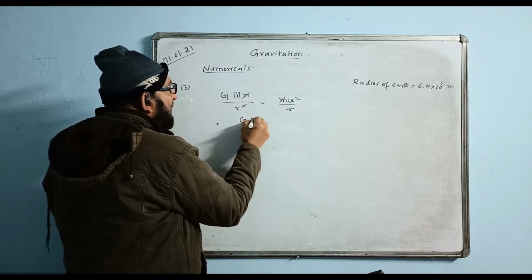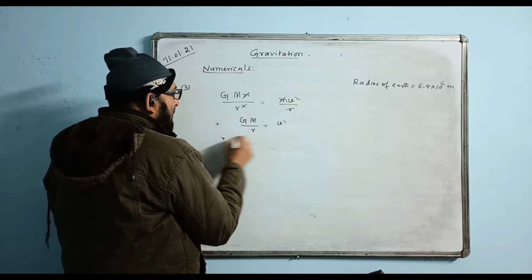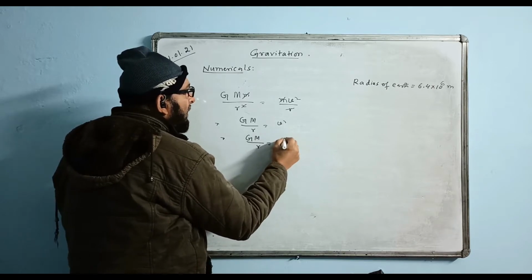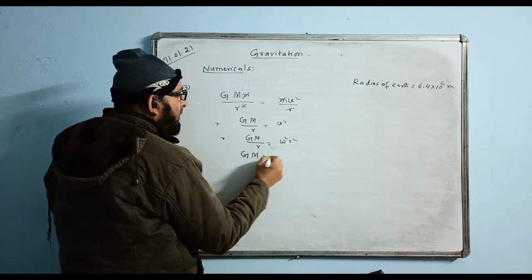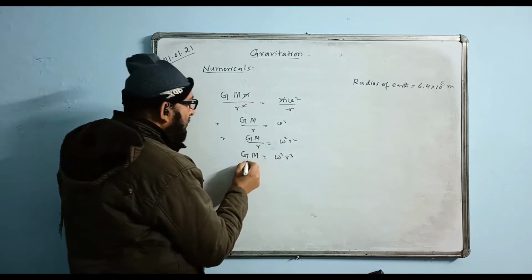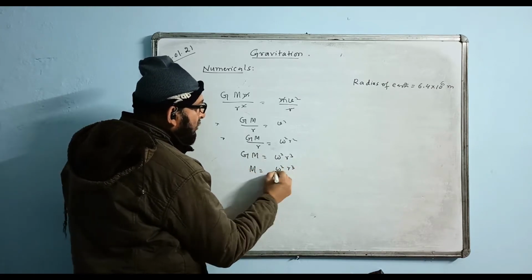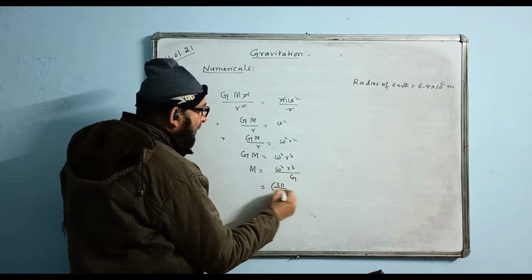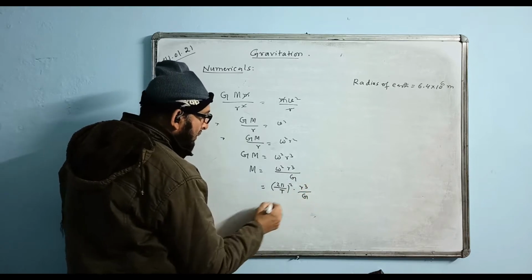We get G M by r equal to v square, that is omega square r square. Therefore, G M will be omega square r cube. Now M is equal to omega square r cube by G. Omega is 2 pi by time period, so 2 pi by T square into r cube upon G.